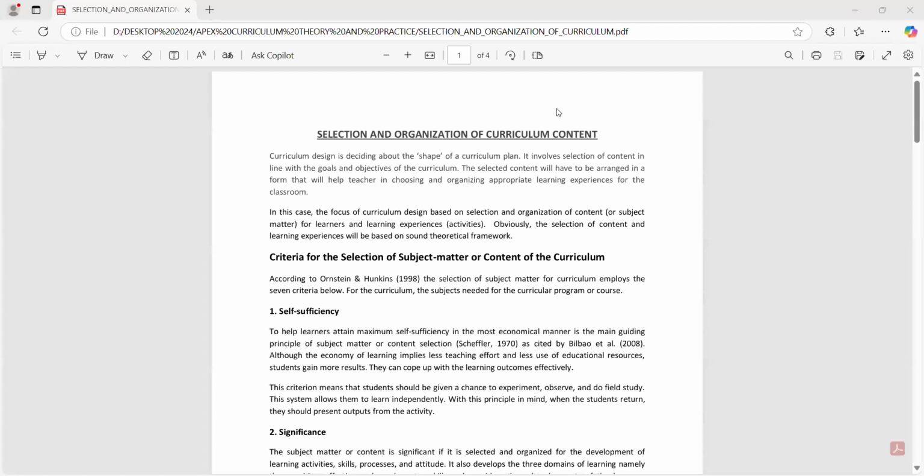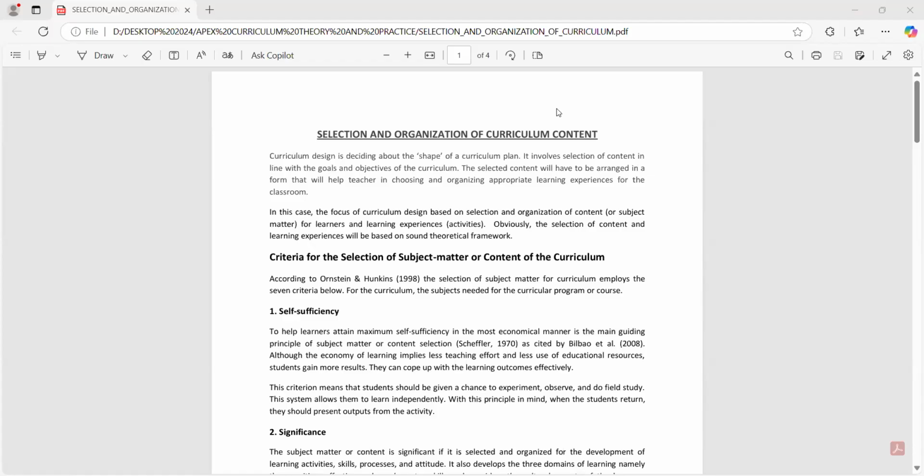I repeat, there's a theoretical framework of 7 criteria to be taken into consideration when the curriculum developers have to select the content, the subject matter to be taught for the realization of the ILOs.